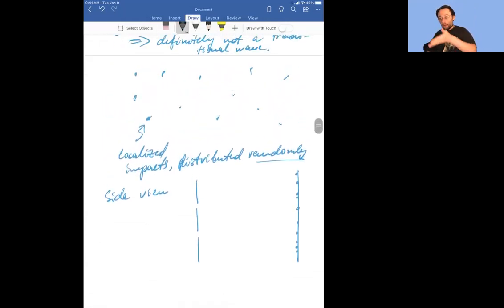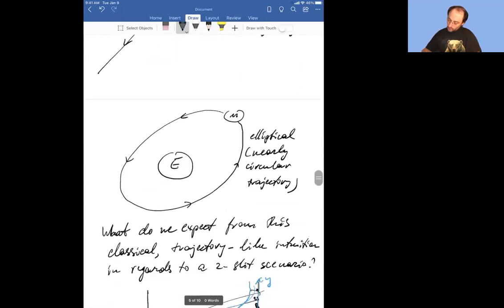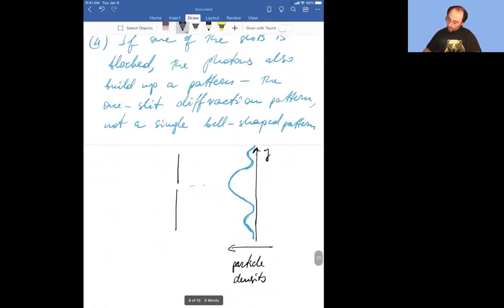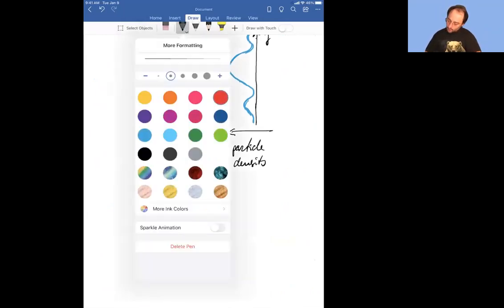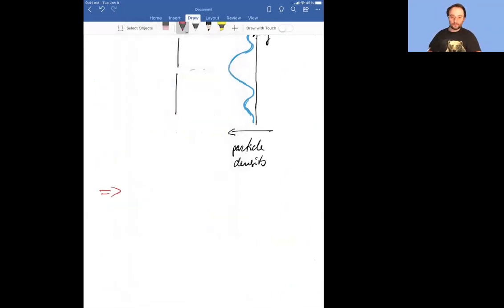In addition, the double slit experiment also shows particle-like impacts. But they're also not particles in the classical sense of things that follow trajectories. And so the moral of this story is that we have to get away from a trajectory-like view of particle motion.